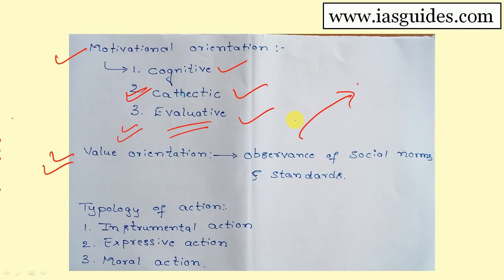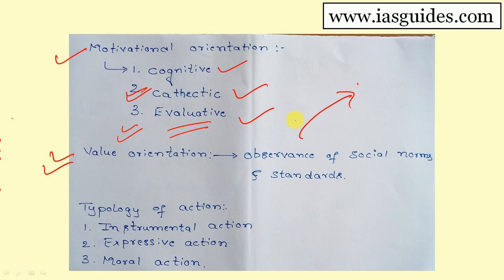Nobody actually does haphazard work. You just observe in society, do you find any people doing meaningless work? No. There will be some kind of rules and regulations in the society, some do's and don'ts, and some appreciations and punishments. Taking the societal norms, the actor performs his action. That is what is known as value orientation.